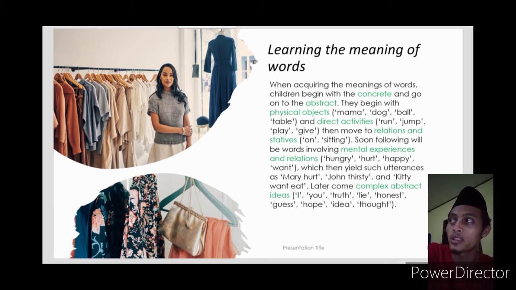Or they see the dog, directly seeing the physical dog. Or another example is ball. They know the meaning of ball because they directly see the physical ball. After they know the physical object, the second is direct activities.